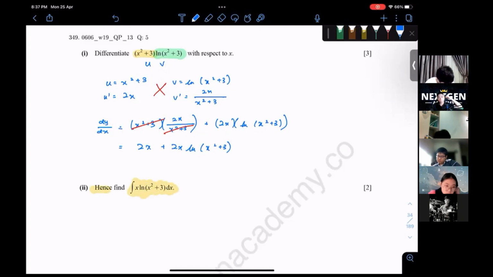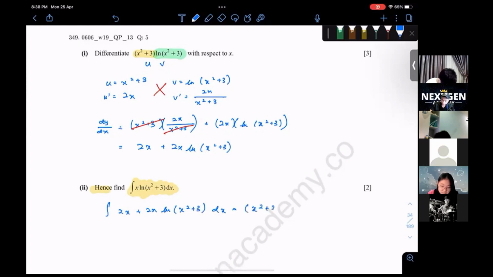I put the integrate 2x plus 2x ln bracket x squared plus 3 bracket dx equal to bracket 2x plus 3 bracket ln bracket x squared plus 3 bracket.